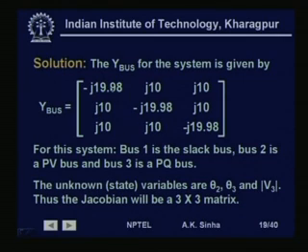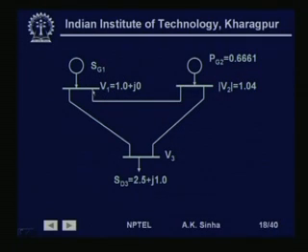Now, the diagonal terms as we have seen will have the sum of all the series admittances connected to the bus plus the line charging capacitances connected for the lines which are connected to the bus. So, half line charging at the ends of the line is also to be added. When we do that, for this bus we have two lines, one between 1 and 2, another between 1 and 3, and both will have a half line charging of 0.01 per unit.